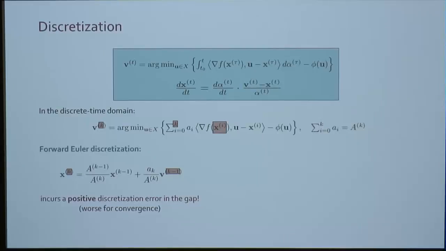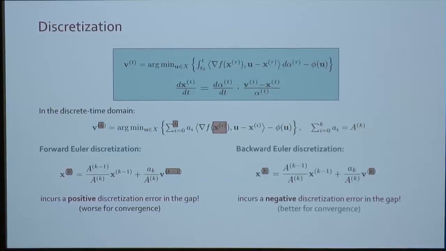And this is something that harms our convergence. If, however, you were able to use backward Euler discretization, again, an implicit method, then this would give you a negative discretization error in the gap. So this can only help the convergence because you're decreasing your duality gap faster.